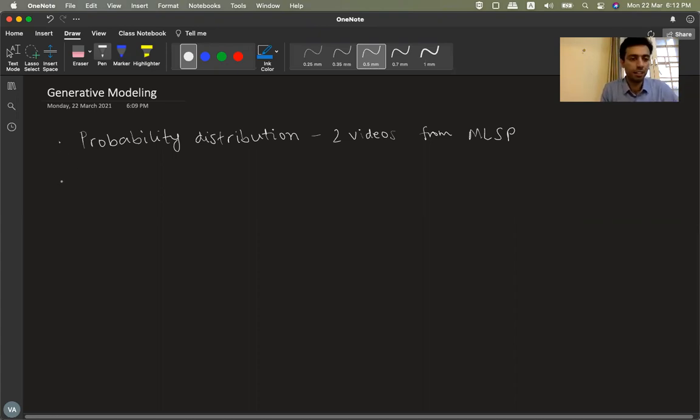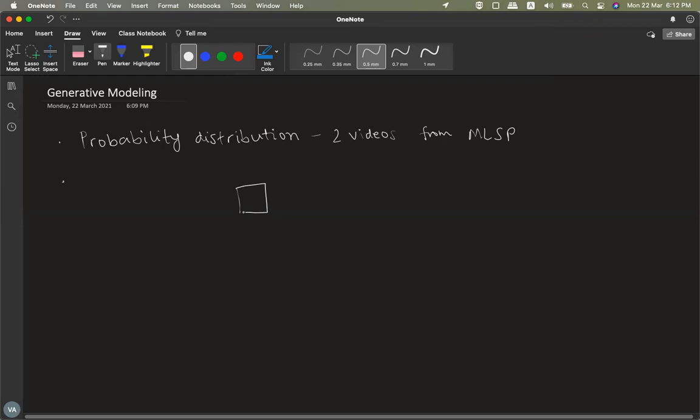Okay, and now, what are probability distributions? What we have seen until now are classification and regression problems.